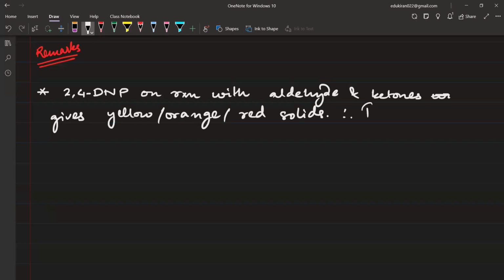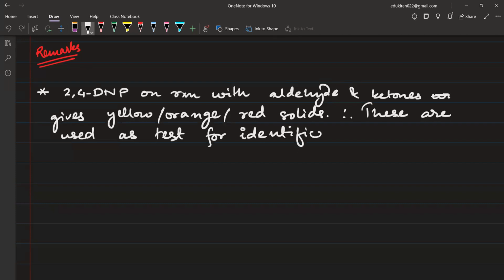Therefore, these are used as a test for identification of aldehyde and ketone.